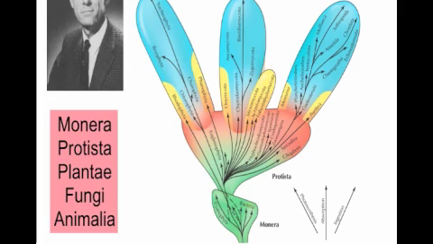In particular, one that is still in many textbooks today is this one from Whittaker, the Five Kingdom Tree, where he said, actually, those three aren't enough. Let's add fungi in as their own group. Let's put protists in this really weird spot at the bottom of the tree where I'm just going to draw lots of little branches pointing to different things, and I have no idea what to do with these single-cell eukaryotes.